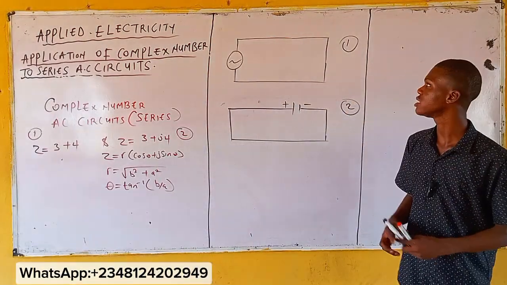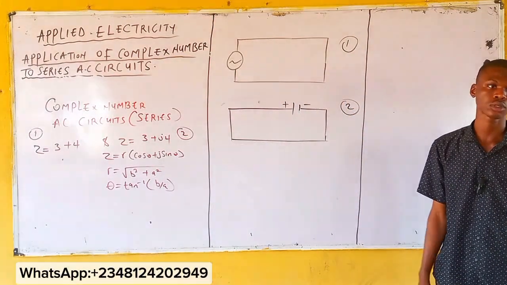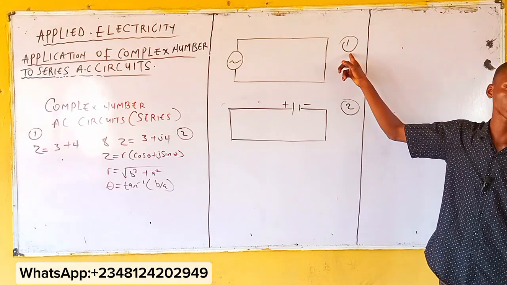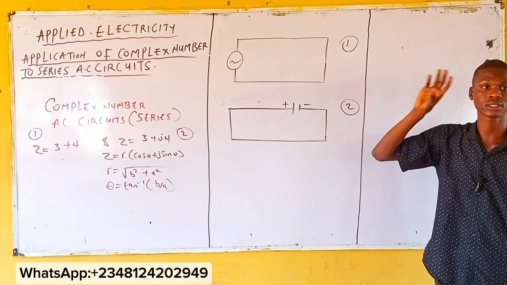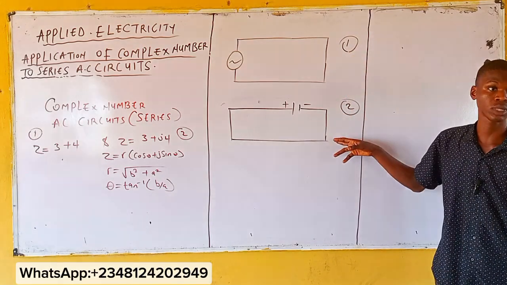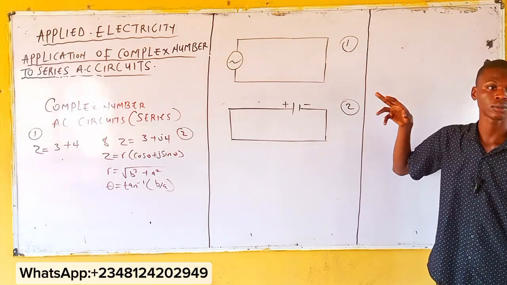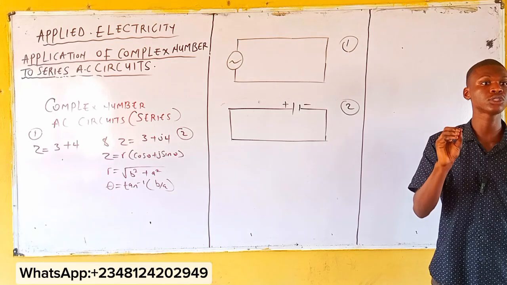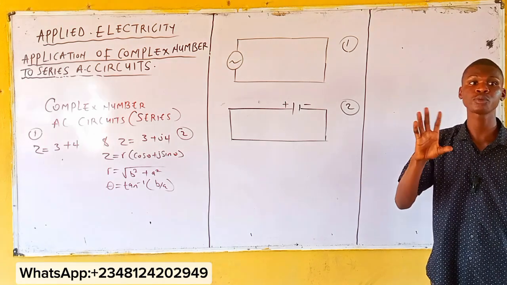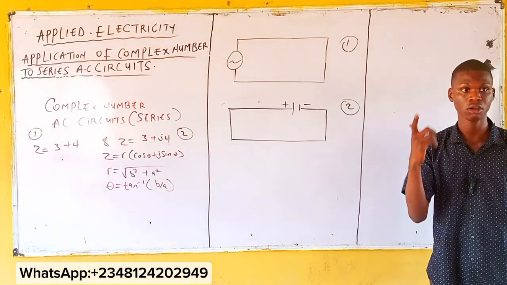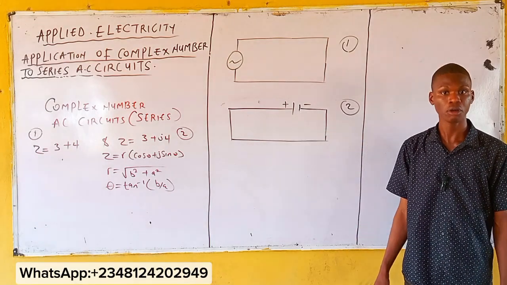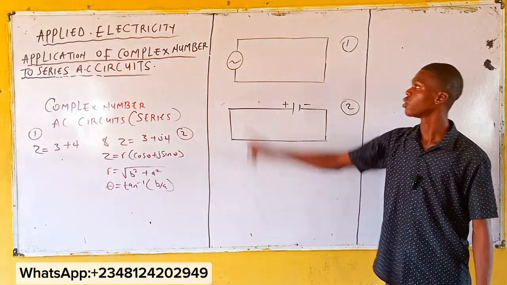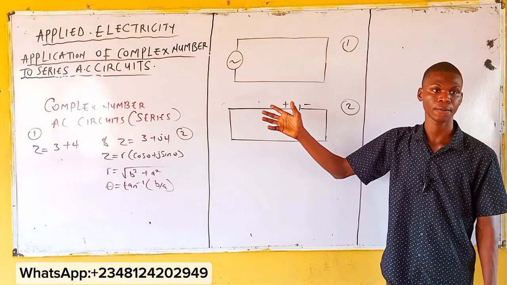Identify which one is DC circuit, which one is AC circuit. One is AC circuit, while 2 is DC circuit. Now, what differentiates between 1 and 2, meaning AC circuit and DC circuit? We can use a lot of things to differentiate them, but a typical example is the current. For this one, current only moves in one direction. But you see this, current moves vice versa.